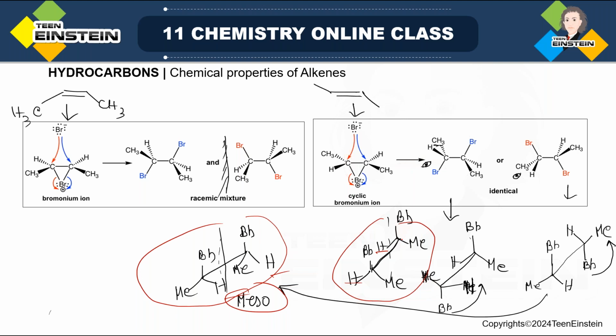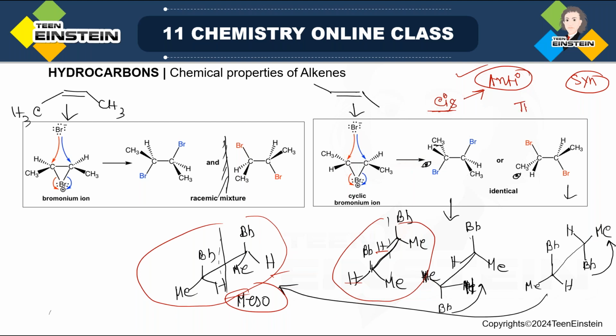Now how to remember this easily? A simple thing I can say: the mechanism is anti-addition. Whenever you have a mechanism where two units are added from opposite sides, because another way to add two units is from the same side, which we call syn addition. But in this case, it is not syn addition, it is anti-addition. So when it is anti-addition and your starting material is cis, your product will be two different compounds.